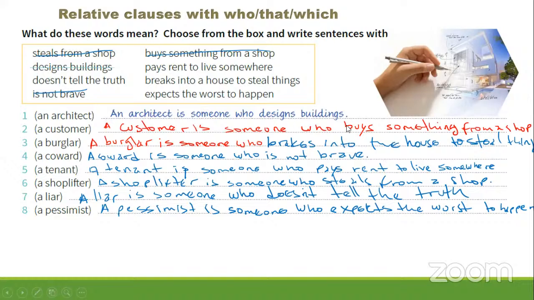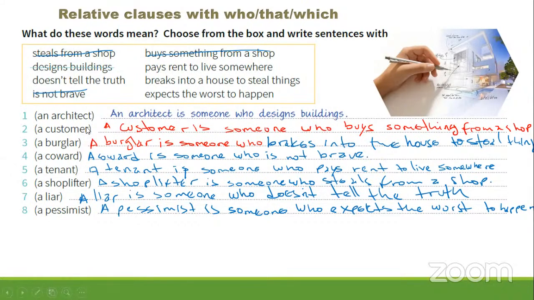A customer is someone who buys something from a shop, right? A burglar is someone who breaks into the house to steal things, something like that.